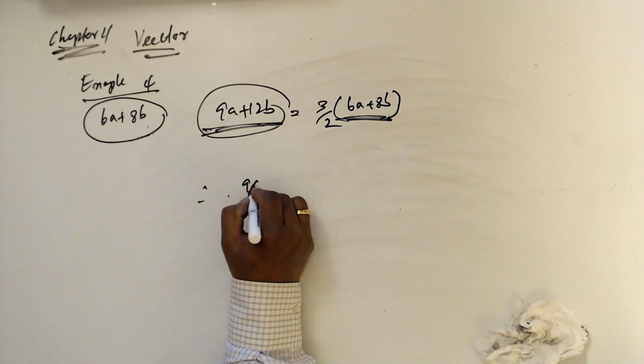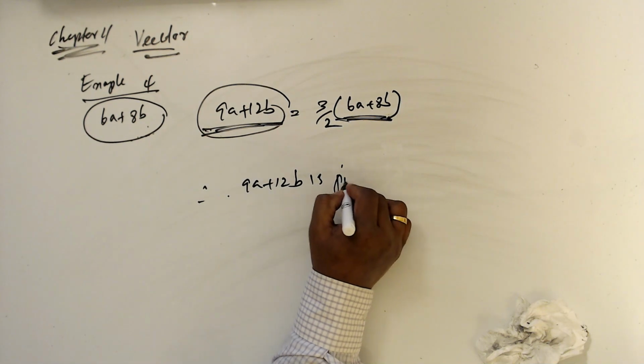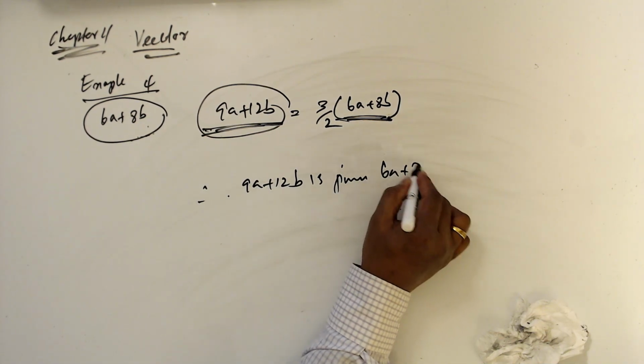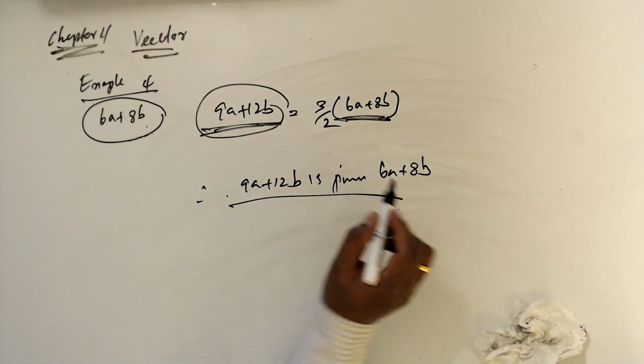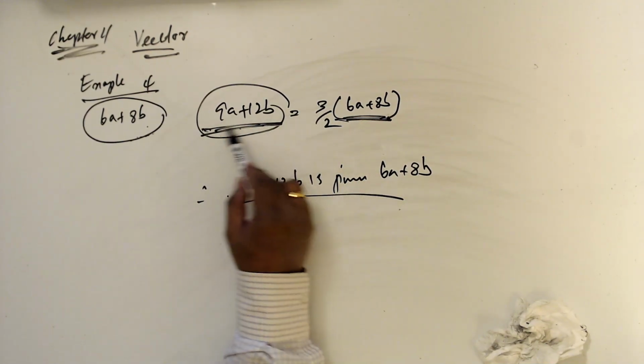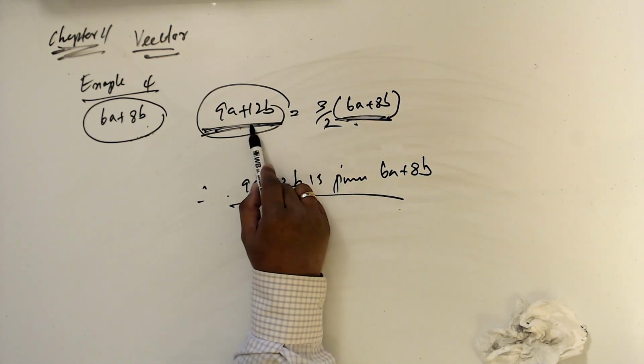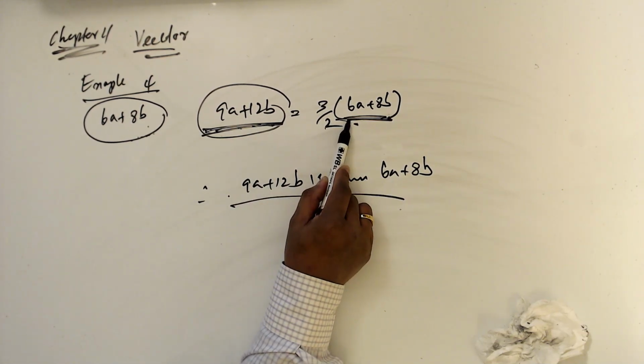Hence 9A plus 12B is parallel to 6A plus 8B. If you can write one vector as a multiple of another, then those two vectors are parallel.